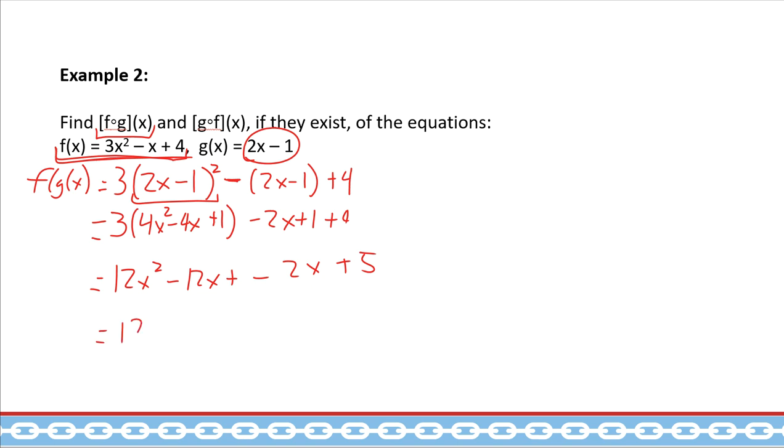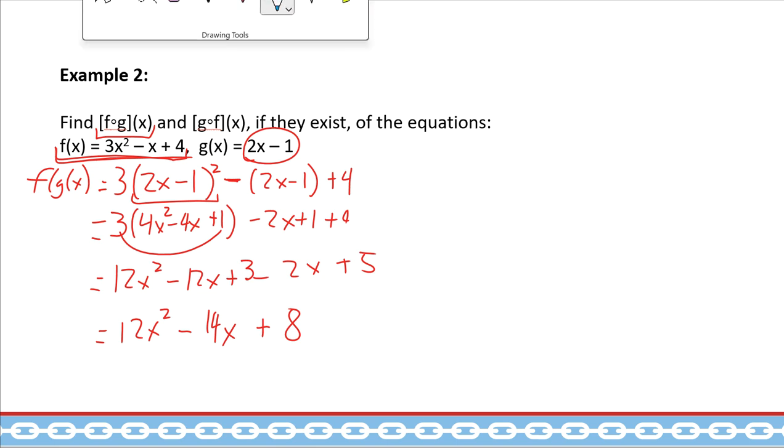So this would be 12x squared minus 14x plus, I forgot the 3 here, I didn't write it down, plus 8. When I multiplied here, it should have a 3 here. So that is f of g of x. That open circle there tells us I'm subbing one function into the other.